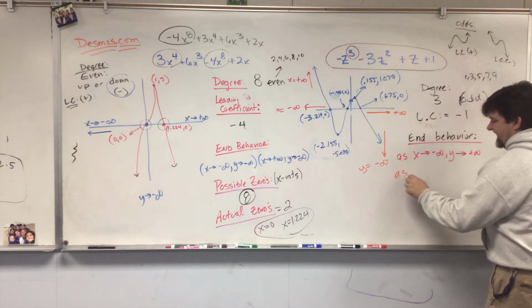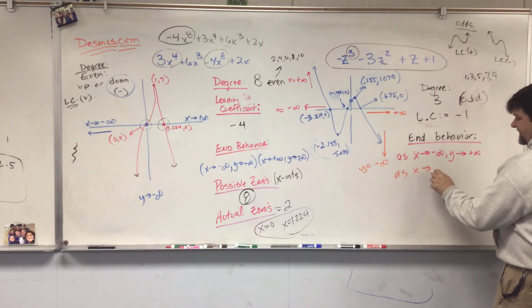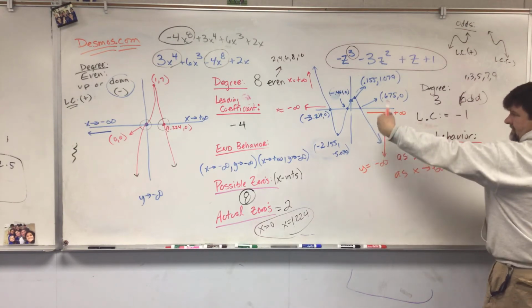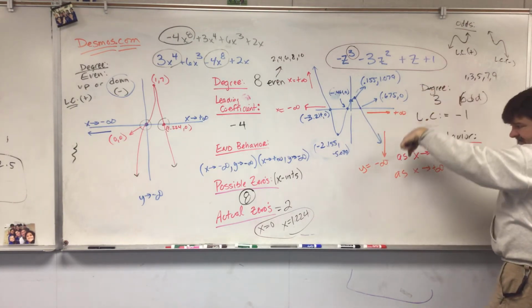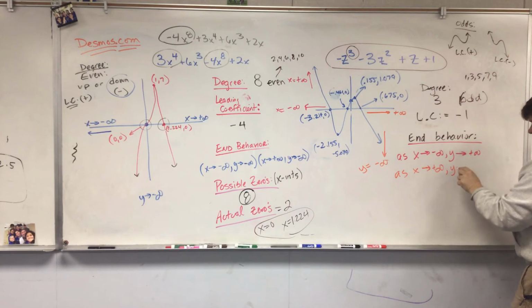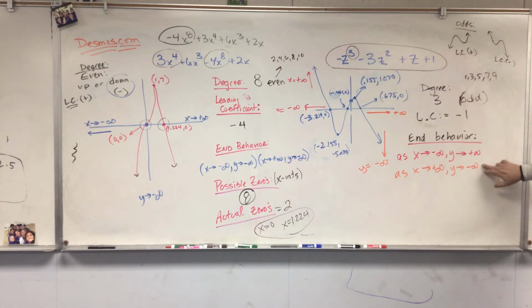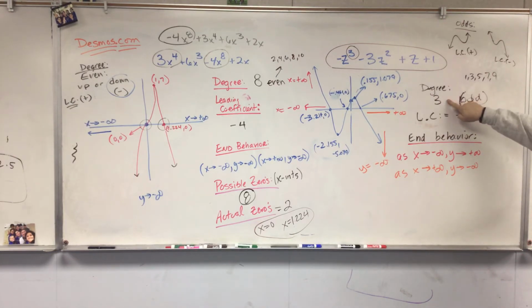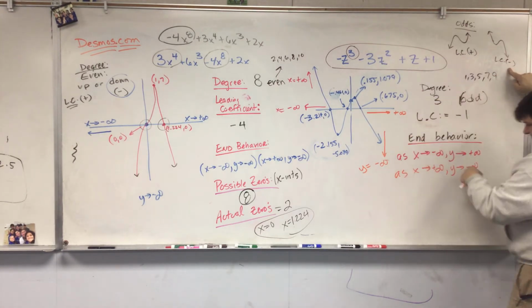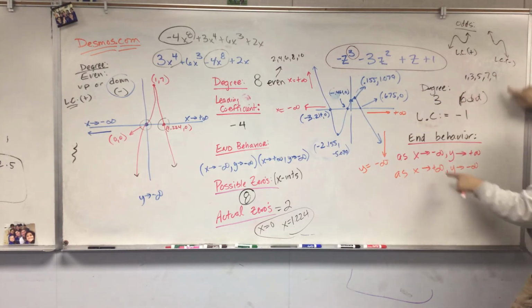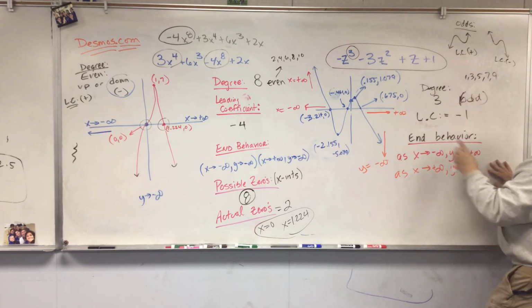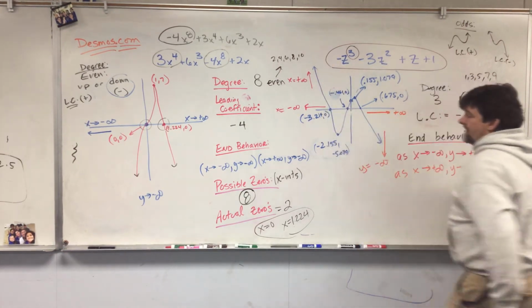So as x approaches positive infinity, going this way, y is going to keep going down, so y is going to approach negative infinity. So that makes sense, because if it's an odd degree and a negative leading coefficient, we're going to point down, which means we're going to go down towards negative infinity, and we're going to go up towards positive infinity. Okay?